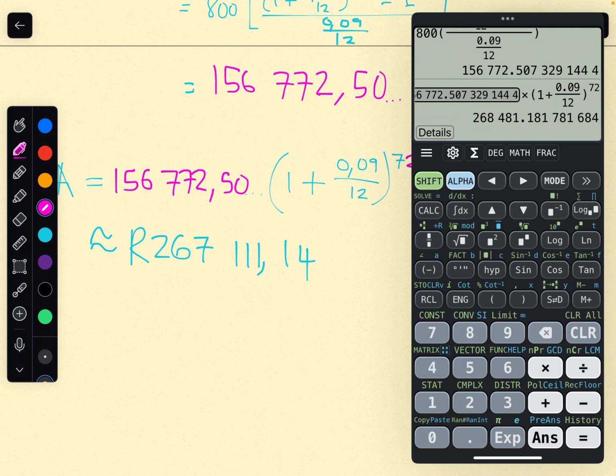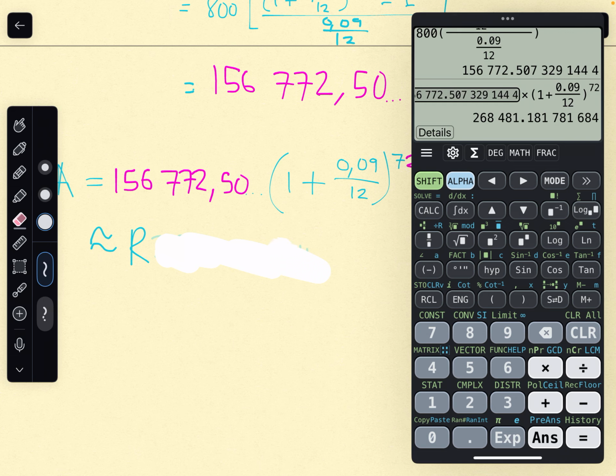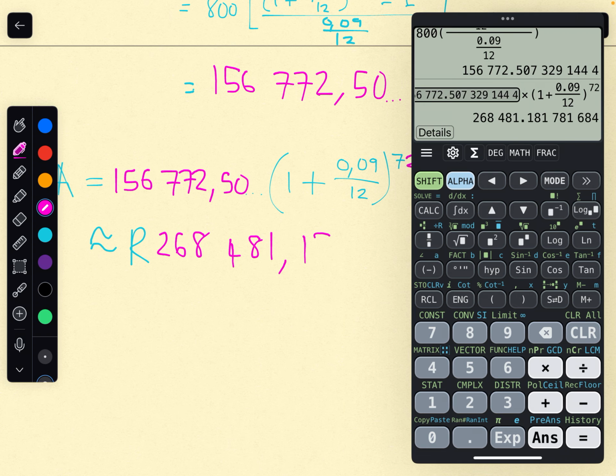Right, and that gives us the correct answer of 268,481.18. So close, so close.